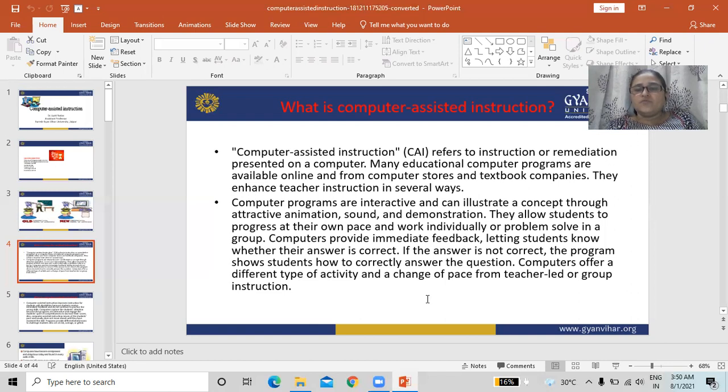Computers offer a different type of activity and change of pace from teacher-led or group instructions.